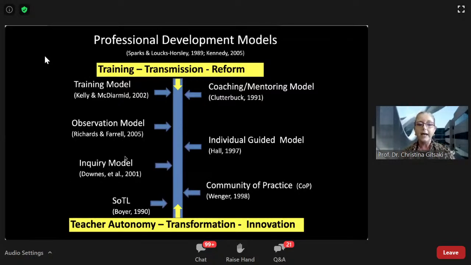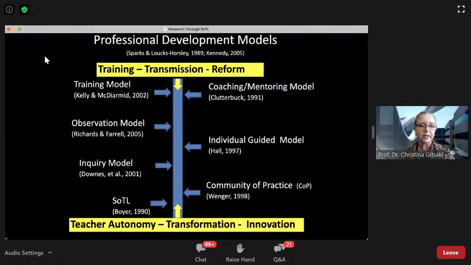Now, what kind of programs do we use and how do we support professional development?